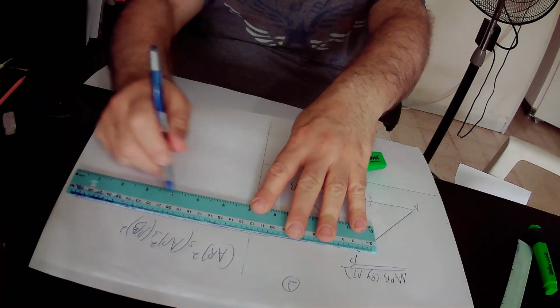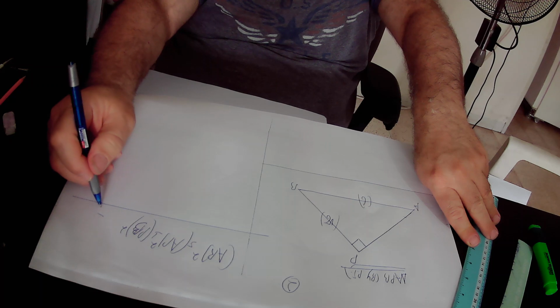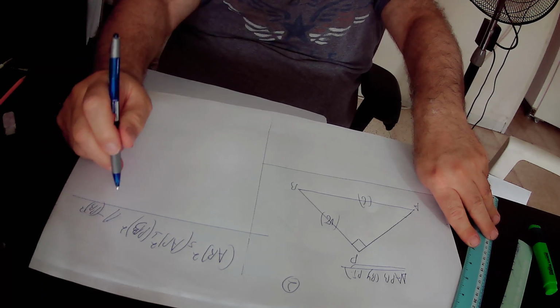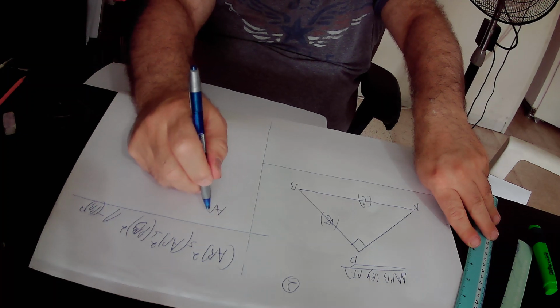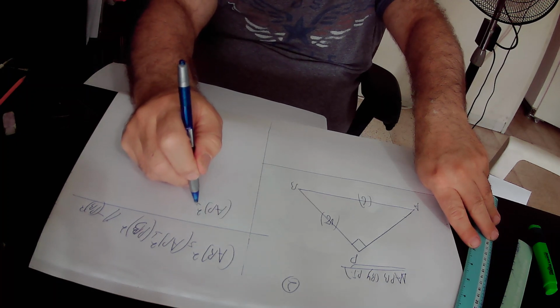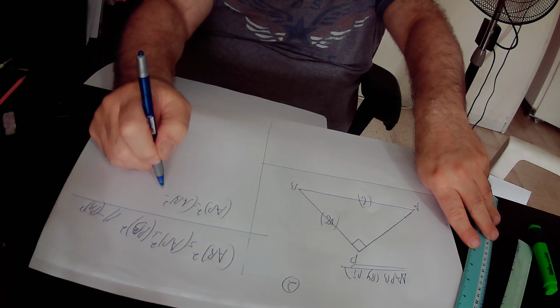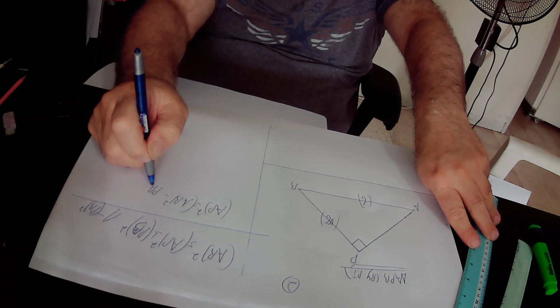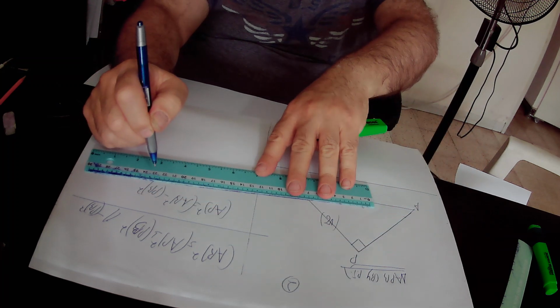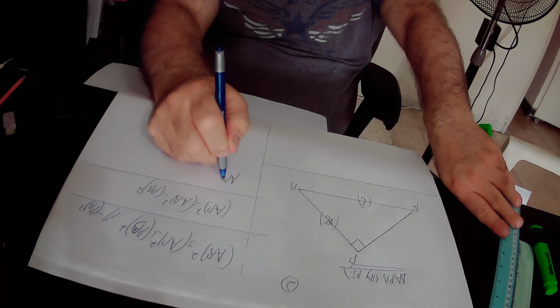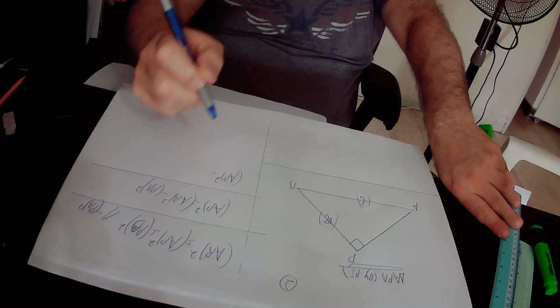So here we subtract PB squared from this equation, and we get that AP squared, the missing side AP squared, equals AB squared minus PB squared.